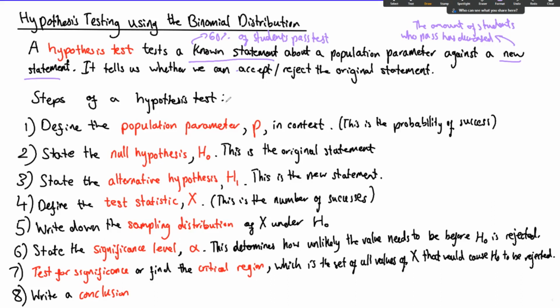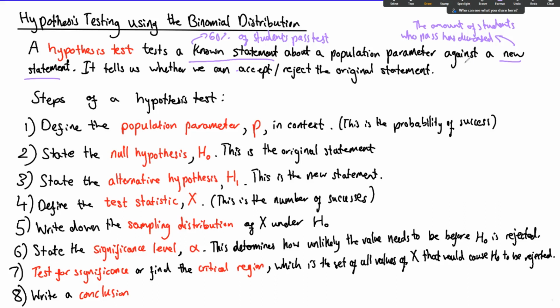the original statement. Okay, so here are the steps of a hypothesis test. First of all, we define the population parameter P in context. P is just the probability of success. So if you think about the binomial distribution, that is what we normally see when a trial is successful.